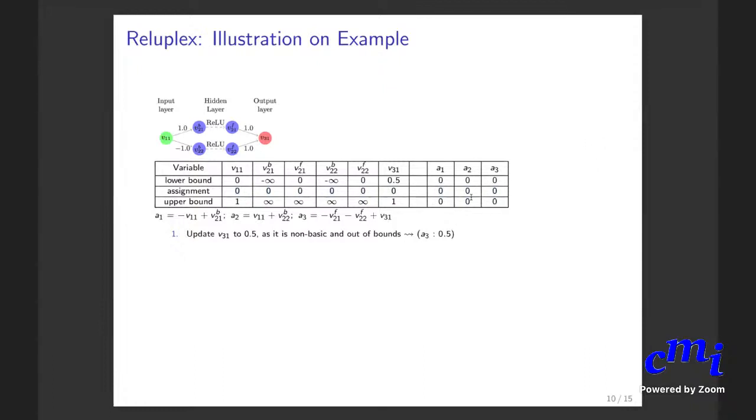So at this step, I'm running the simplex procedure on this over approximated LP version, which is an over approximation of your network. Since this is a primary variable, you fix it.